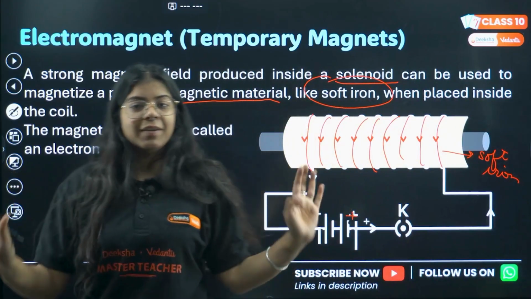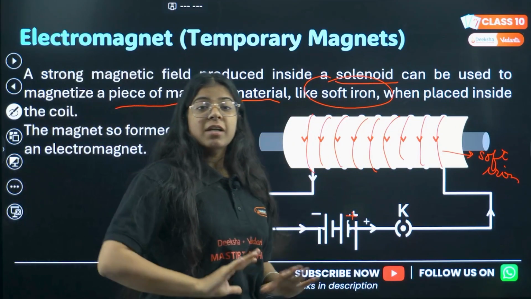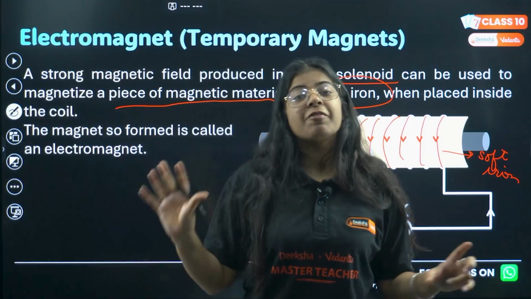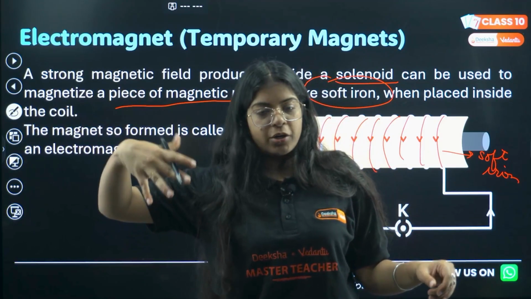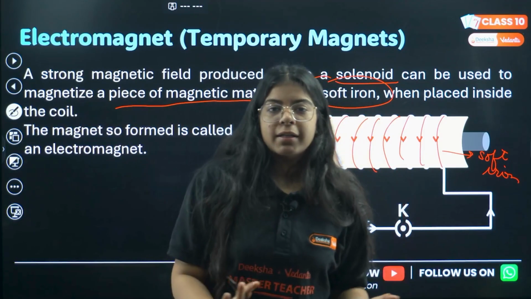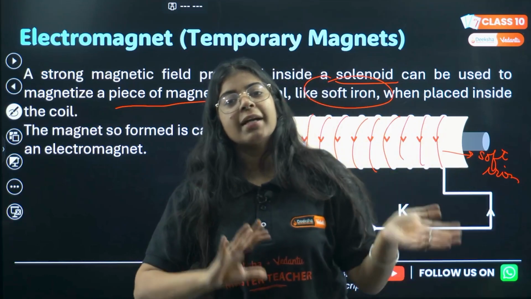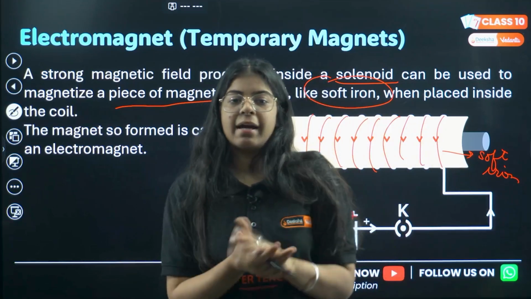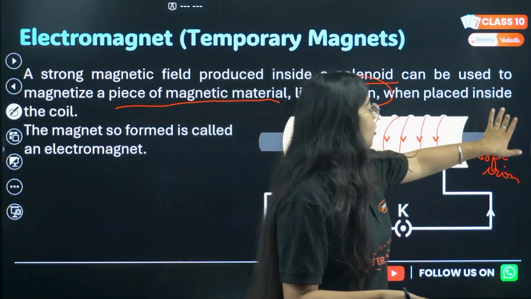Very simple, very easy. Now we studied the solenoid, and also how we can use it to make a non-magnetic material behave as a magnet, and we use soft iron for this.